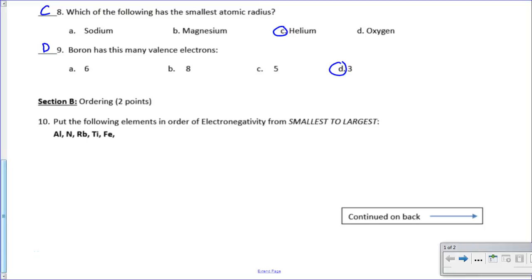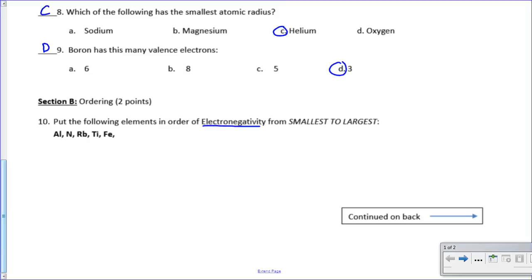This one here, we are ordering these from smallest to largest. And so smallest to largest, we go starting here with, let's see, the smallest one would be up near the top, which would be nitrogen, and then aluminum. Oh, this is the electronegativity.